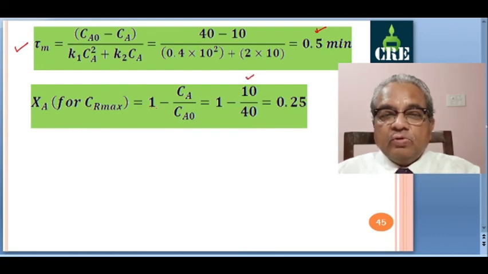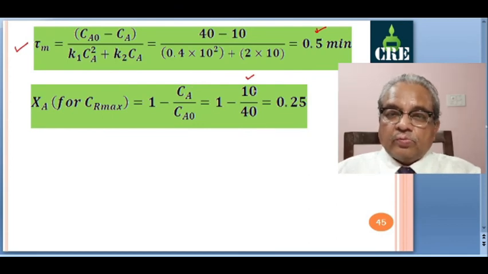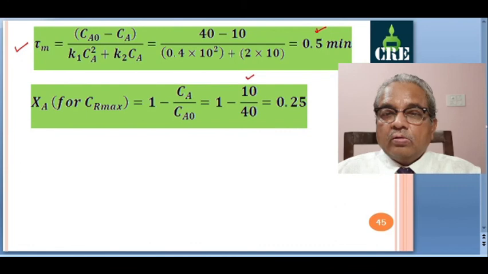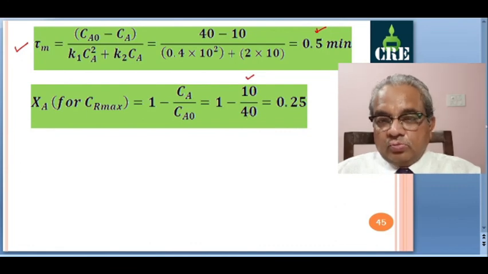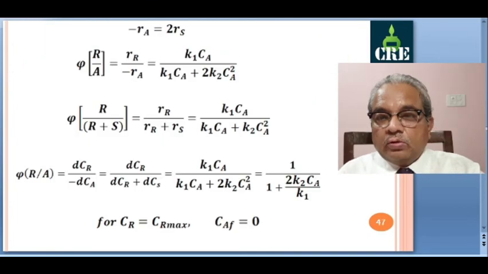So XA will be 1 minus CA by CA0. So 1 minus 1 by 4, 0.75. So XA is 0.75. So today we will stop here and we'll continue with the remaining problems in our next lecture.